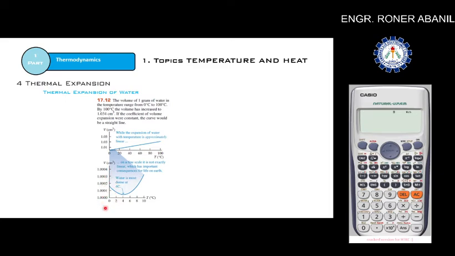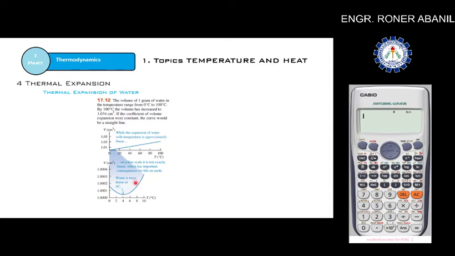Okay? So, from 0 to 4, ang volume ng tubig is bumababa. So, nagsasag siya dito. Okay? So, kapag tumaas na ng 4 degrees, doon na siya ulit magsisimula na aakyat. Okay? Or mag-i-expand yung volume niya.